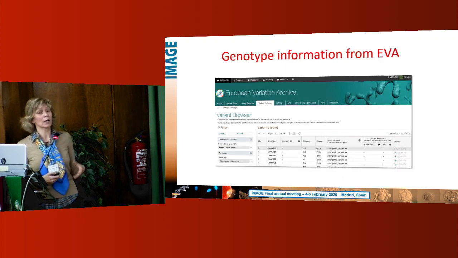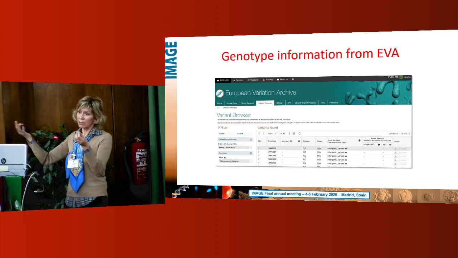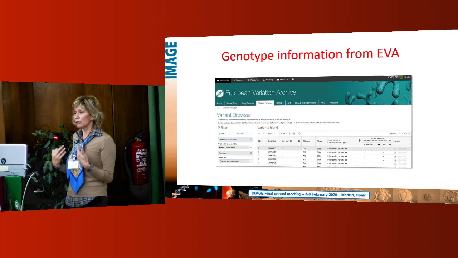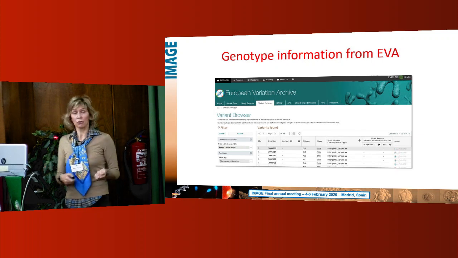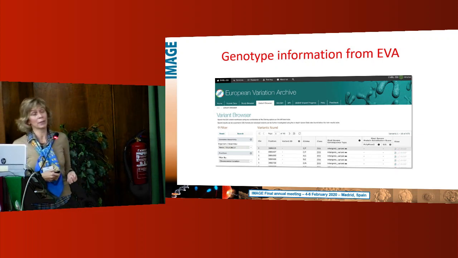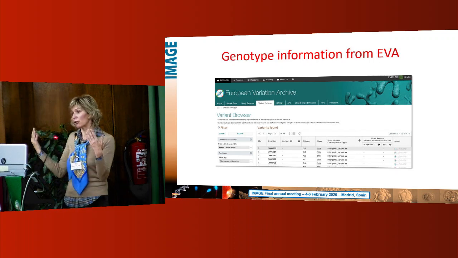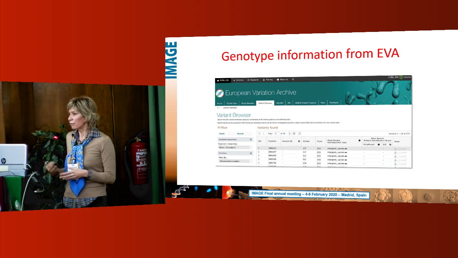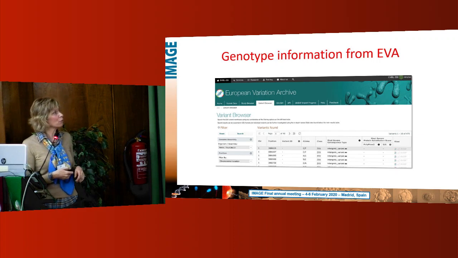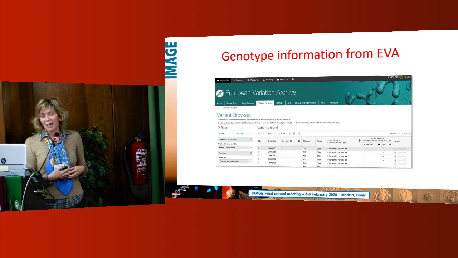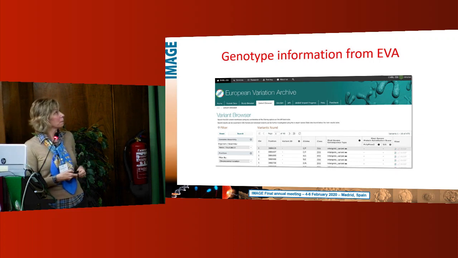And here an example on how we facilitate also the downloading of genomic information for the other archive, which is European Variation Archive at EBI, which collects genomic information and is collated again within the IMAGE portal.